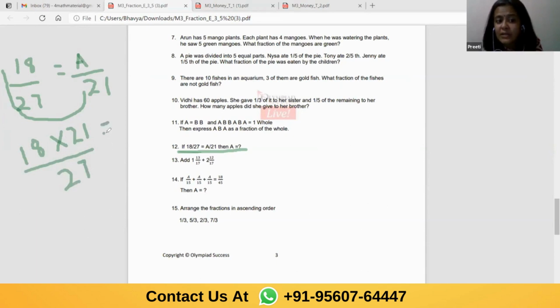This is the most easy way to solve this question. This is the actual way to solve the question. So now, no need to do 18 into 21. In the numerator and denominator, is there any number which comes in the common table?